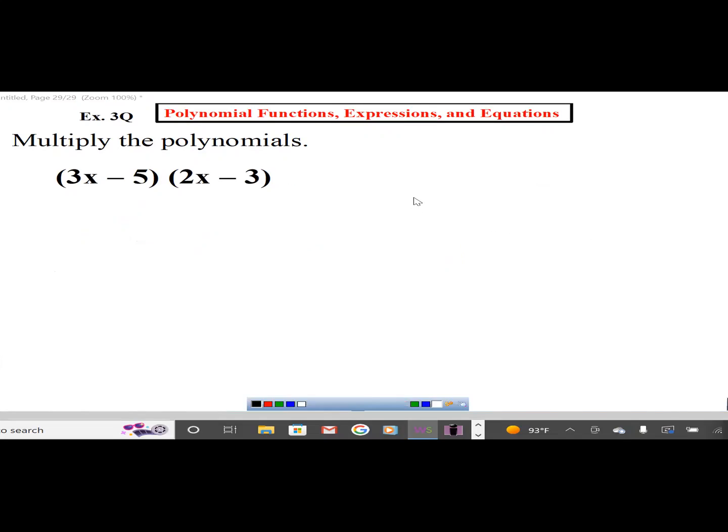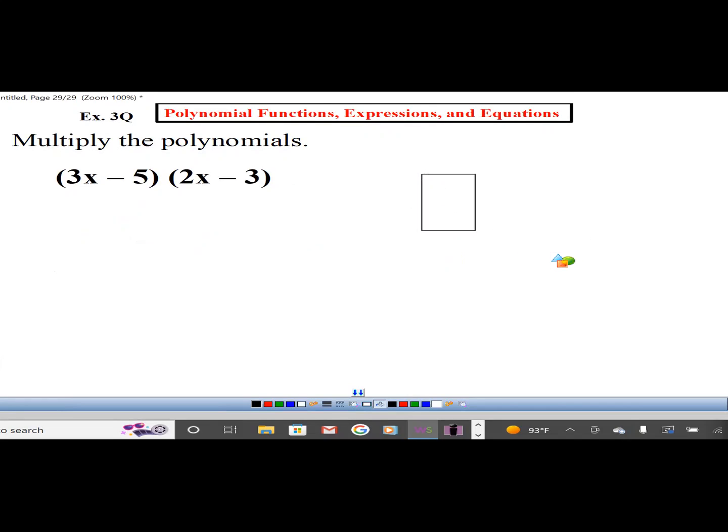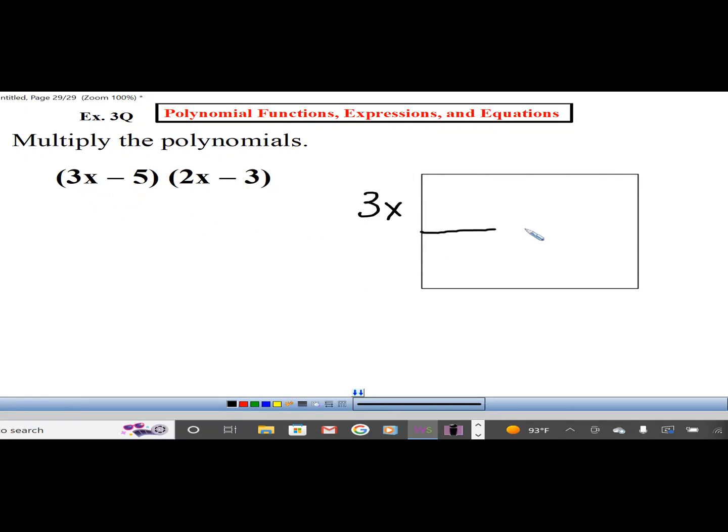Let me get you started. Help us set it up, please. Steve, help me out. What do I write here? 3x, line across. And then negative 5, there it is.